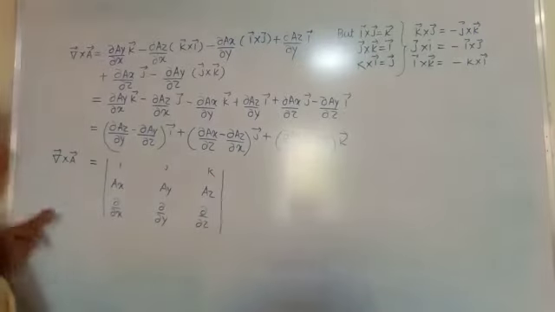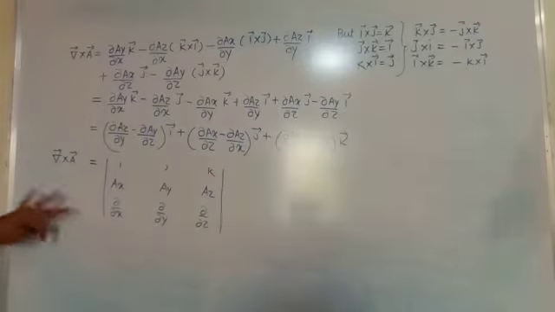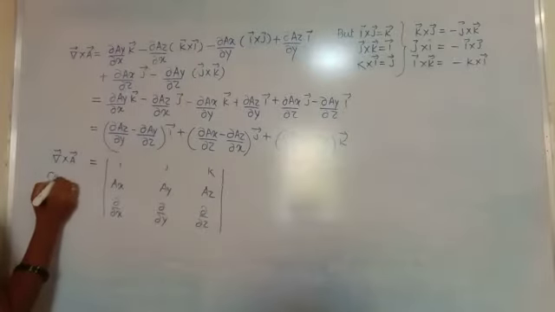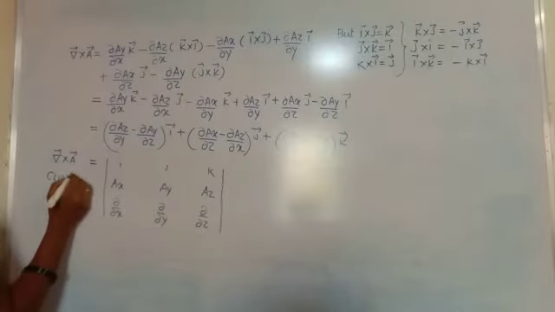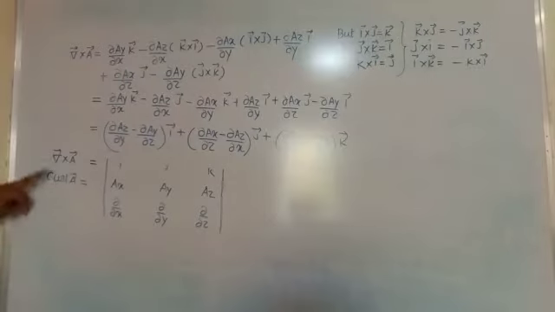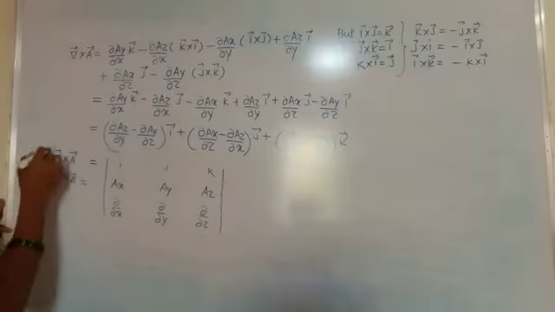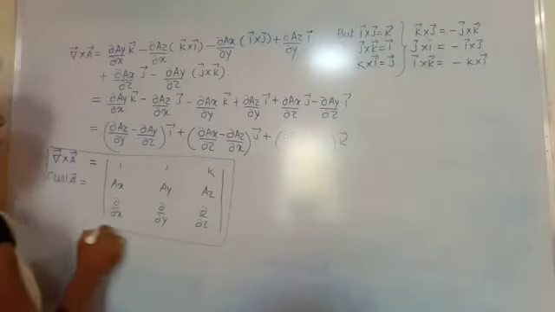We get this term in matrix form, and this is called the curl of vector A, equal to operator cross A. This is the curl of the vector field A.